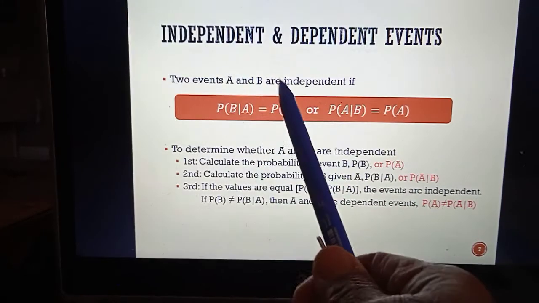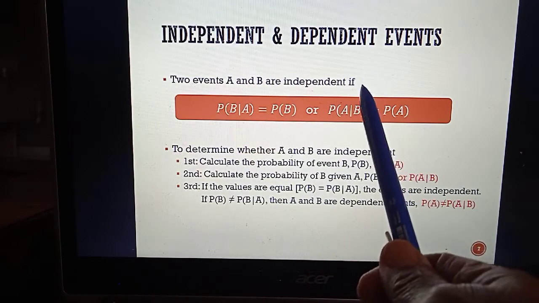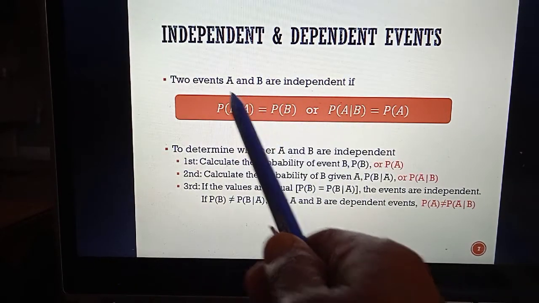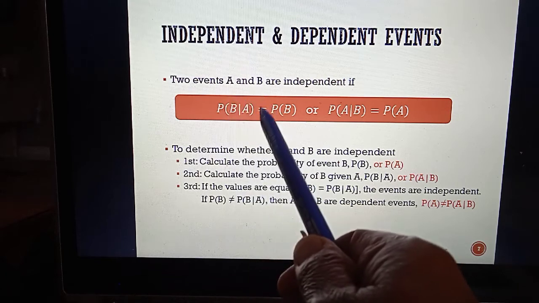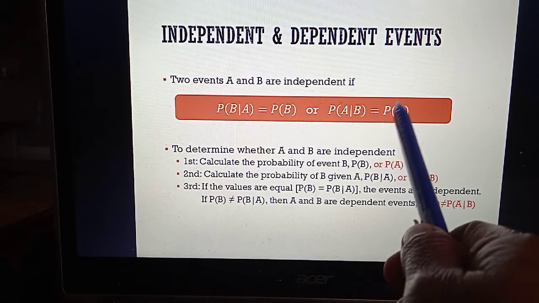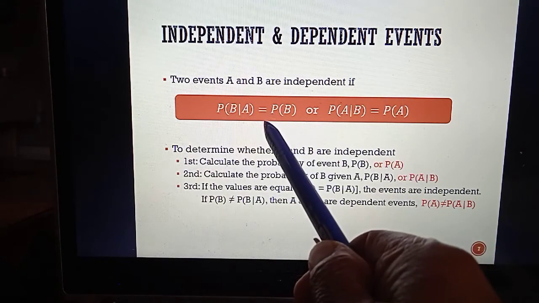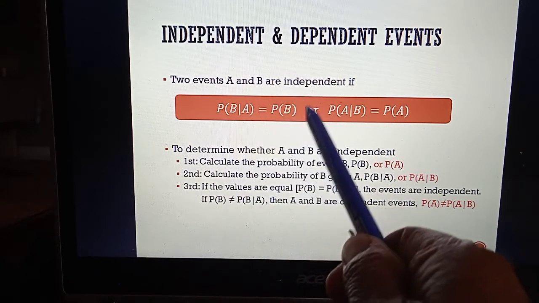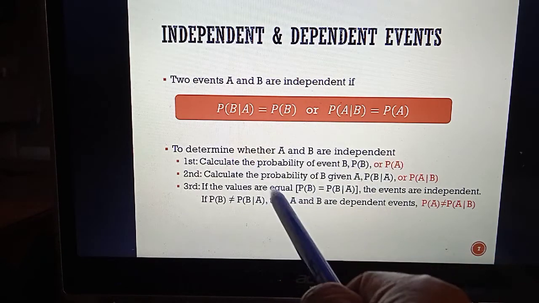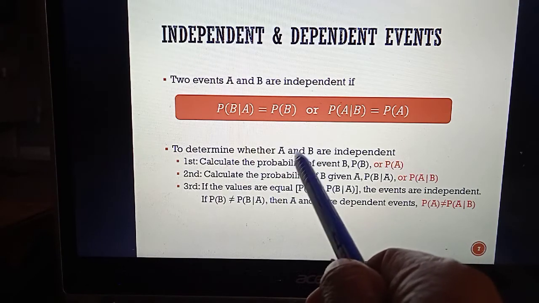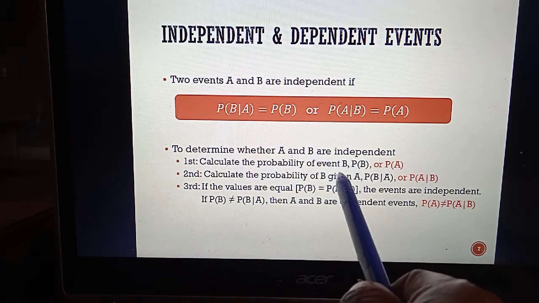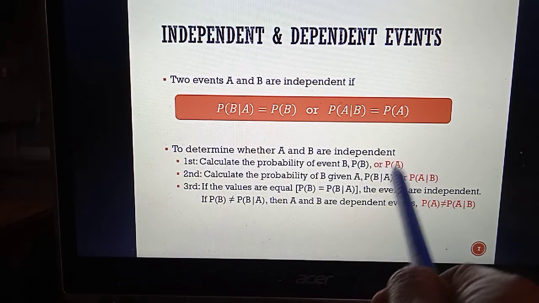The two events A and B are independent if the formula is true: probability of B given A equals probability of B, or probability of A given B equals probability of A. If this is true, then A and B are independent events. To check whether A and B are independent: first, we calculate the probability of B, or P(A).